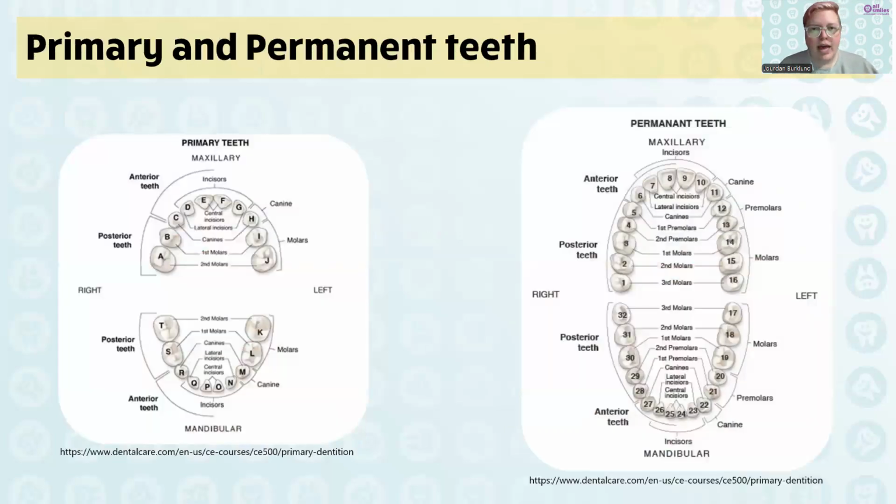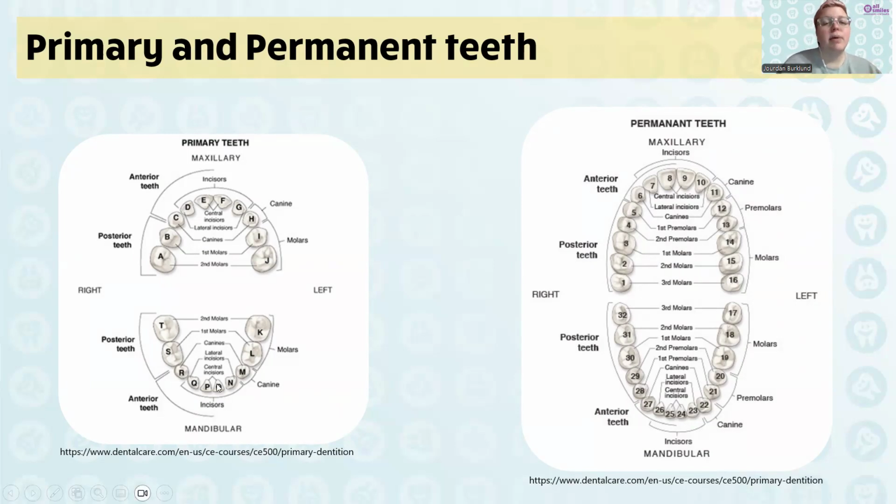And a lot of people ask about when baby teeth come in and when they start falling out. So these are some charts with some basic information, telling you what the different kinds of teeth are. As you can see, the front teeth, the incisors, are usually the ones that come in first.